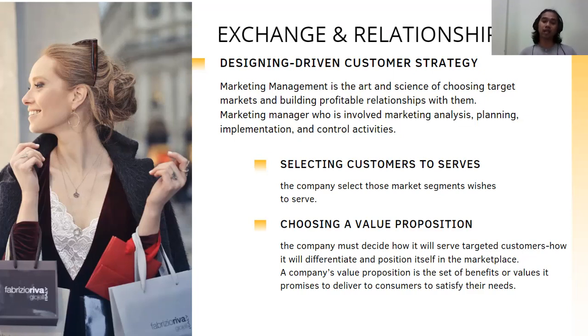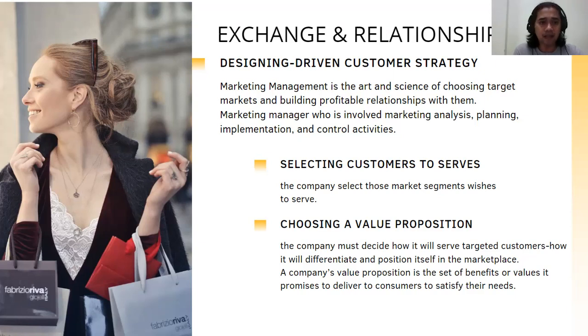Okay, and then choosing a value proposition. The company must decide how it will serve targeted customers or how it will differentiate and position itself in the marketplace. A company's value proposition is the set of benefits or values it promises to deliver to customers to satisfy their needs.